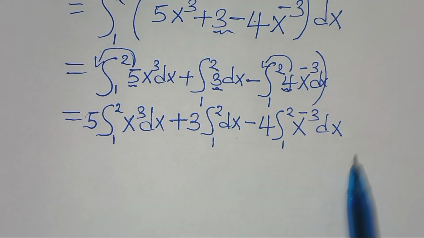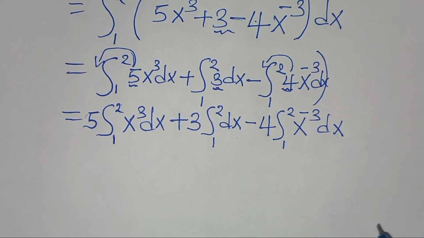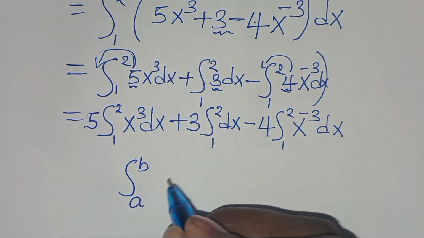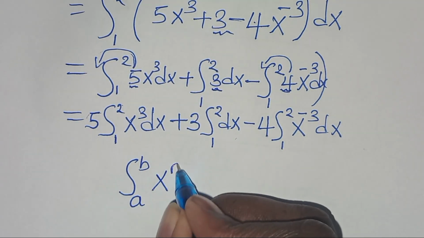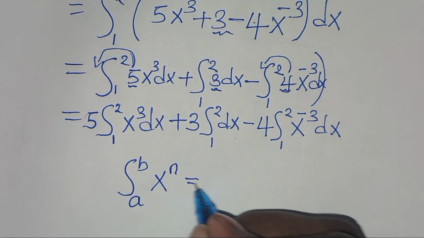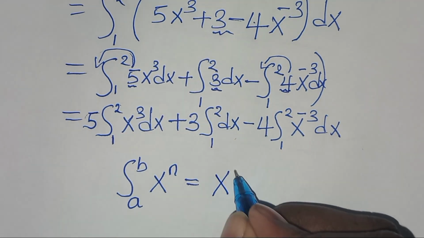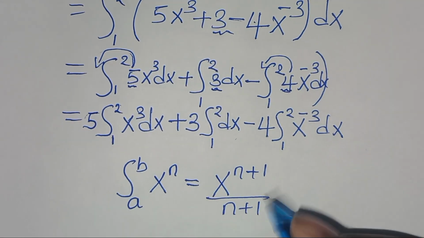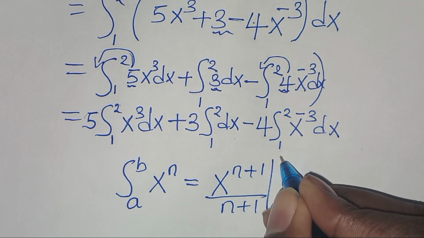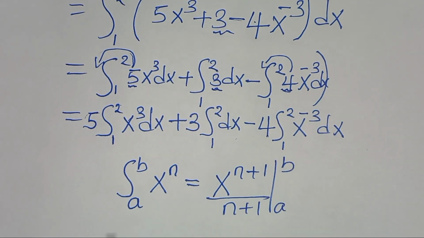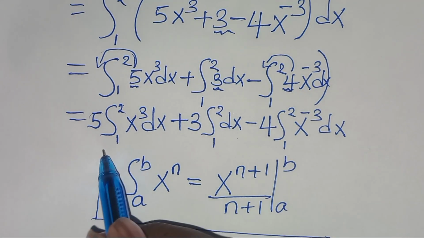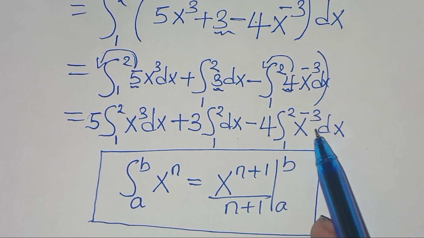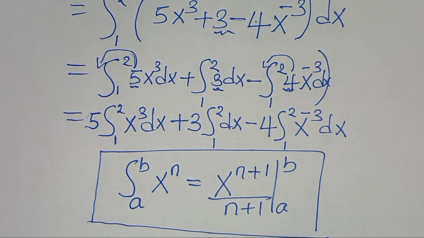Now, from here, applying the power rule property of integration, that is the integral from a to b of x^n, we can integrate this as x^(n+1) over n+1, with the limits a to b. So applying this power rule, we integrate this function as follows.